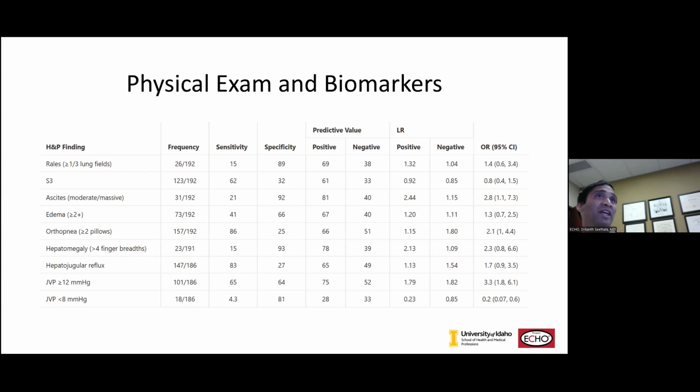But if you look at the negative predictive value, it is only around 39%, and hepatojugular reflux is 65 and 49%. So truly, JVP is one of your best markers for sensitivity of heart failure.